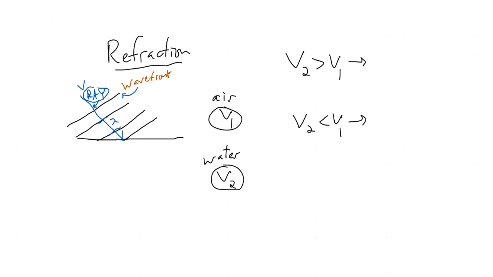In general, though, each wavefront is an input into the new medium, right? These are each inputs. That's the whole point. Velocity must change. Frequency is constant. This is rule number 2, right?